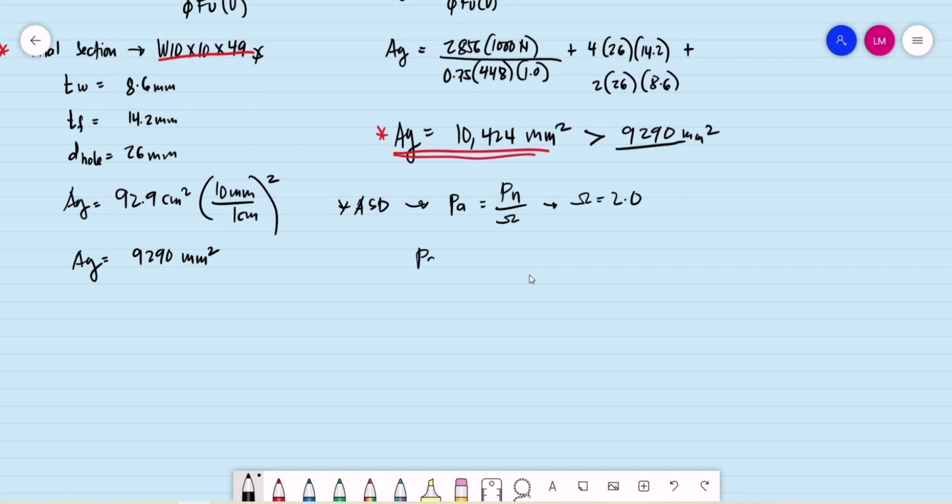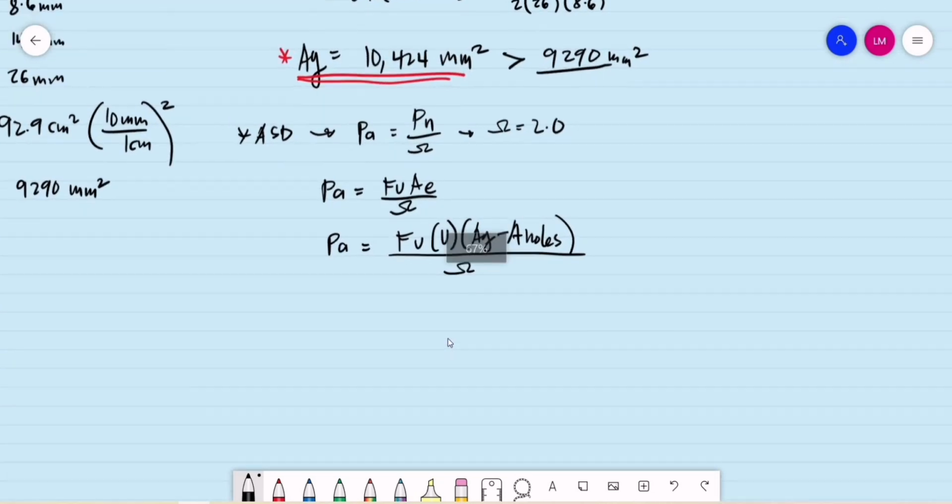So we have Pa equal to Fu multiplied by the area Ae divided by omega. Then the allowable force is equal to Fu multiplied by the shear lag factor U, times the gross area minus the area of the holes, divided by omega, the factor of safety.